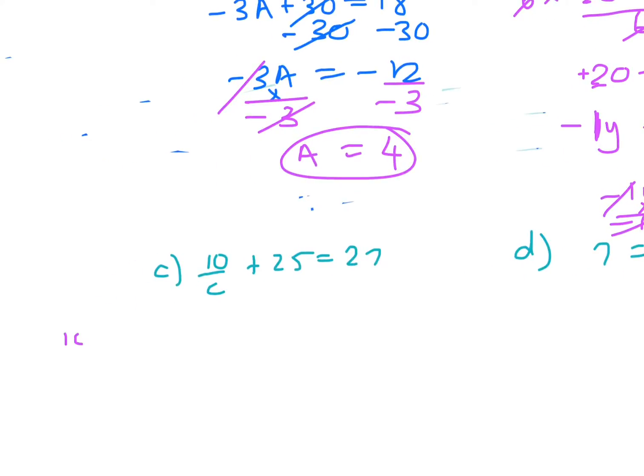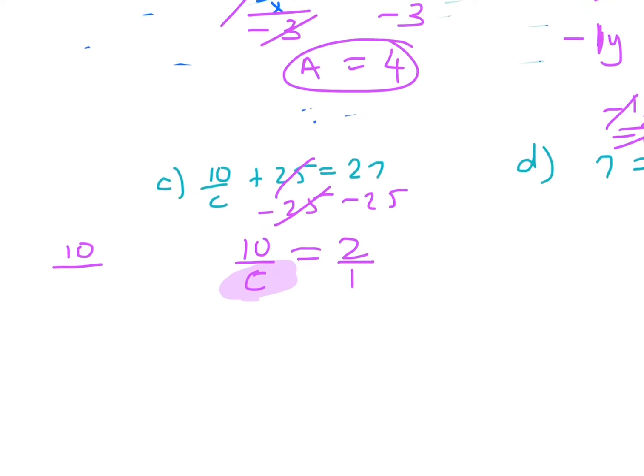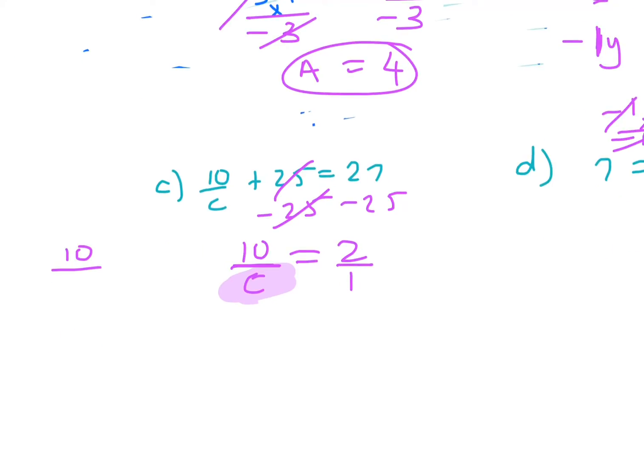Okay, now what this involves is, see how you can get rid of the 25, right? That's okay, and you get 10 over c equals 2. So we have a little bit of a problem here, and that is that the c is on the bottom. So what we could do here is, see how it's divided by c?